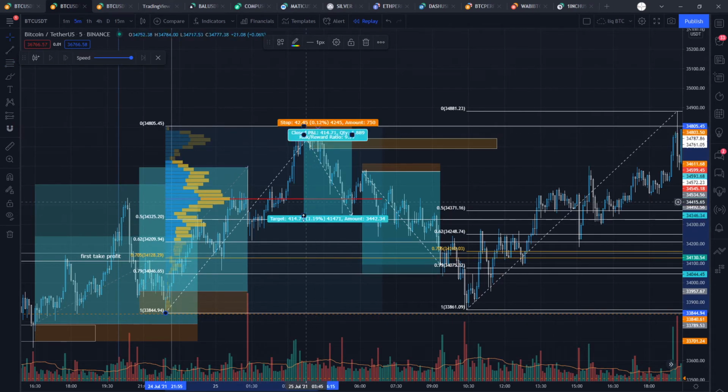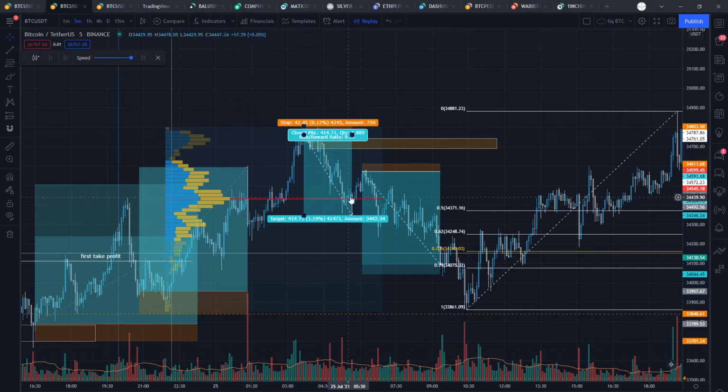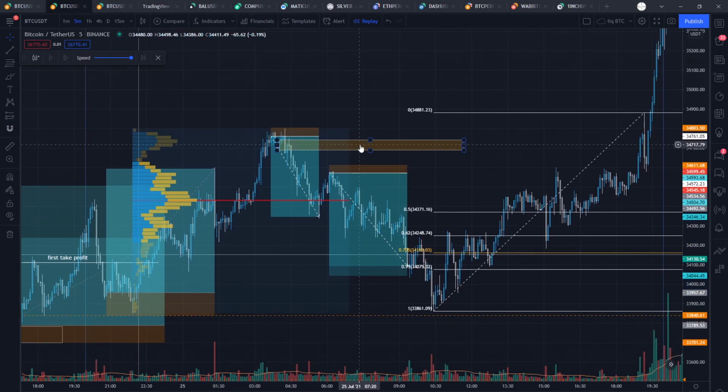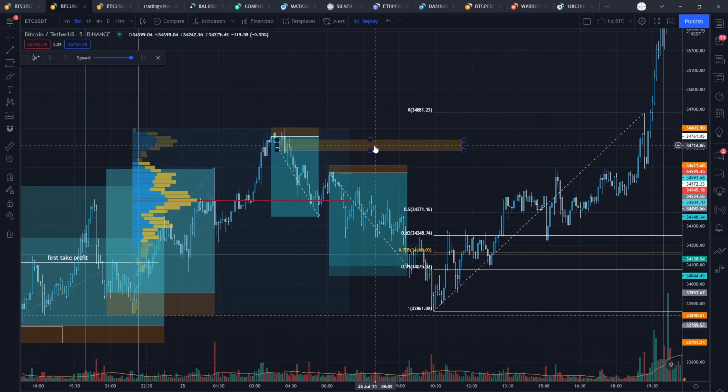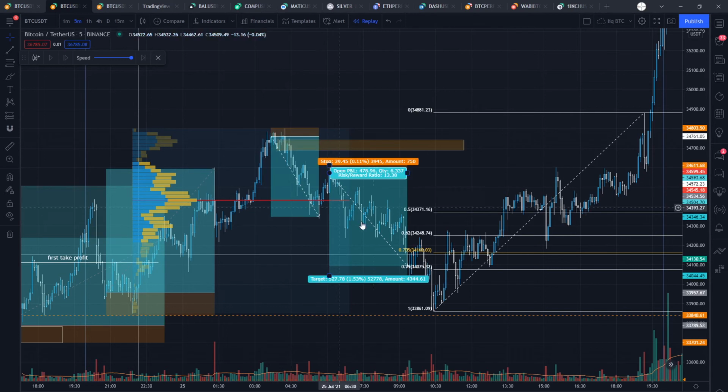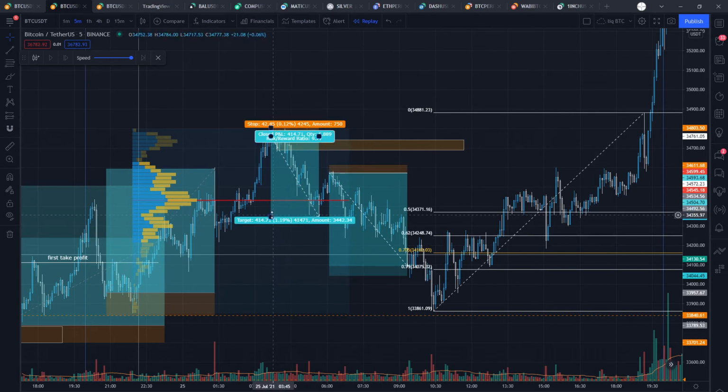Right, it would return to equilibrium, which is the 50% level, and I took it just below, just in case we continued up. So I already took my profits here to be safe, right? And this was already a 10R trade, which was absolutely insane. So I didn't need to push my luck even more. I was already happy to get out of the trade.